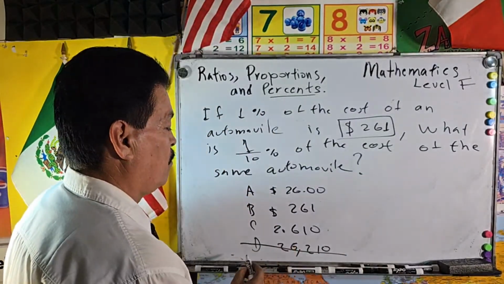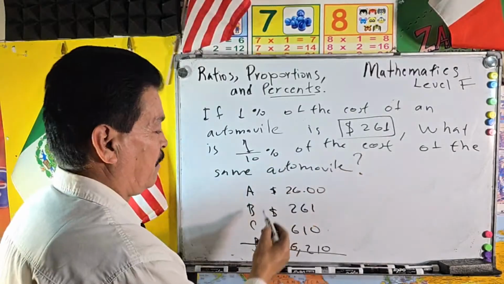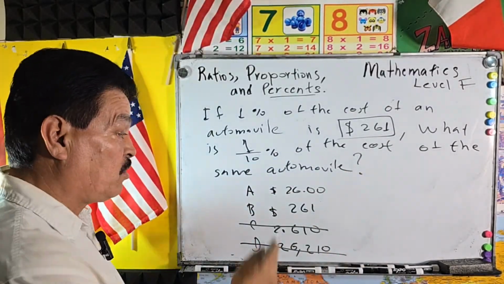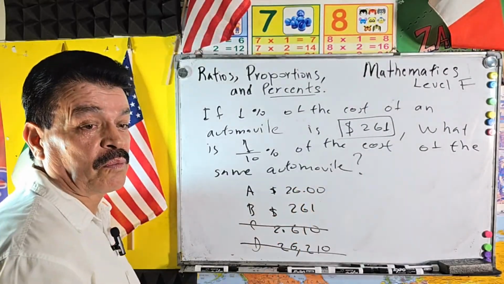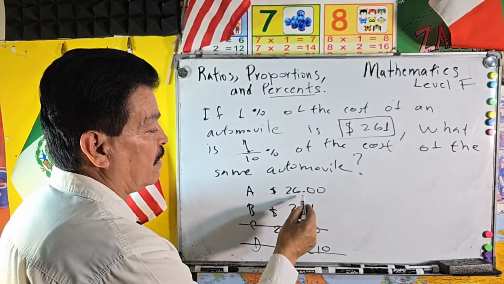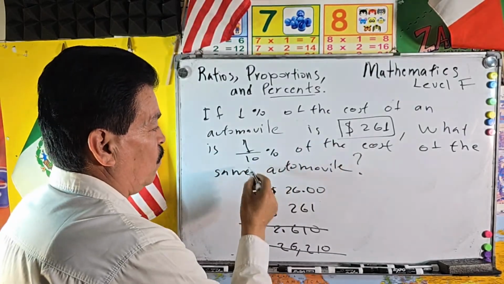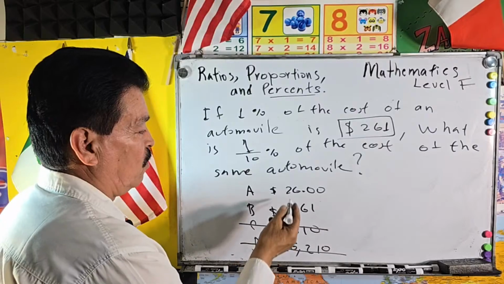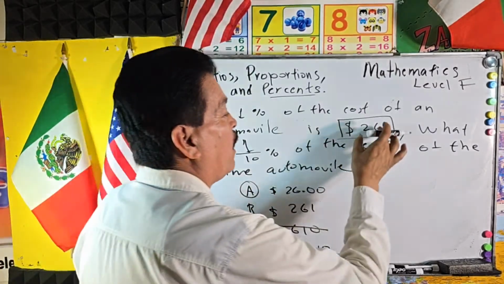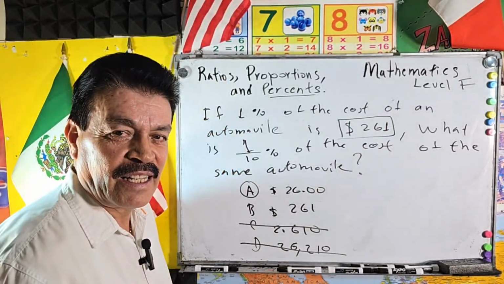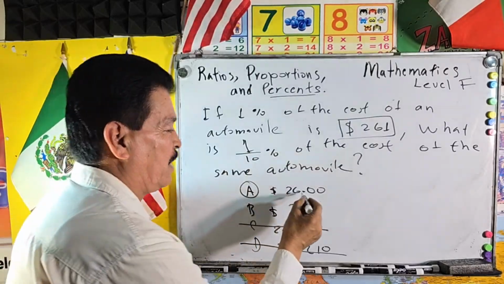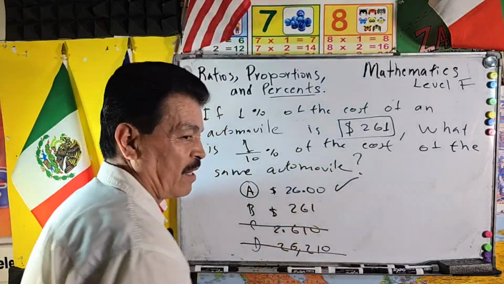Also, this is not decimal, you don't have decimals here. This is completely wrong. So the answer is between these 2 right here. Answer A or B. So what do you think is the right answer? 110%. So it is A, of course, because this one, 261, is 100%. We're talking about 110%. It's 26. This is the right answer.